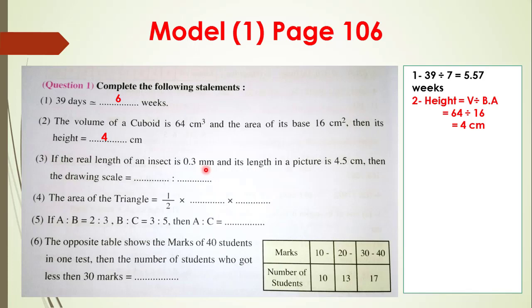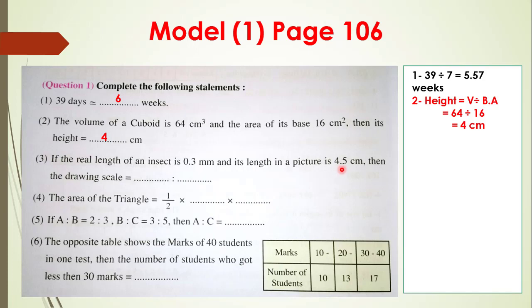We can't calculate the drawing scale now. We should convert 4.5 centimeters to millimeters, because they should be in the same units. So I'll multiply 4.5 by 10, so it becomes 45.